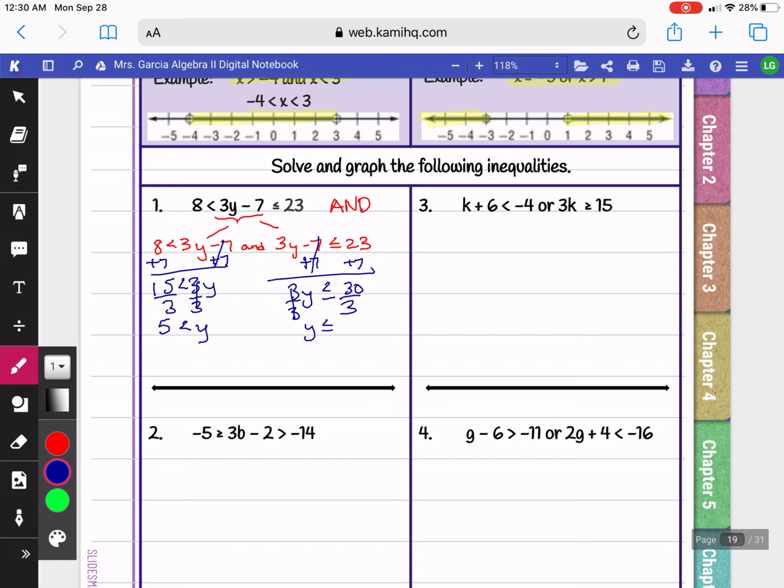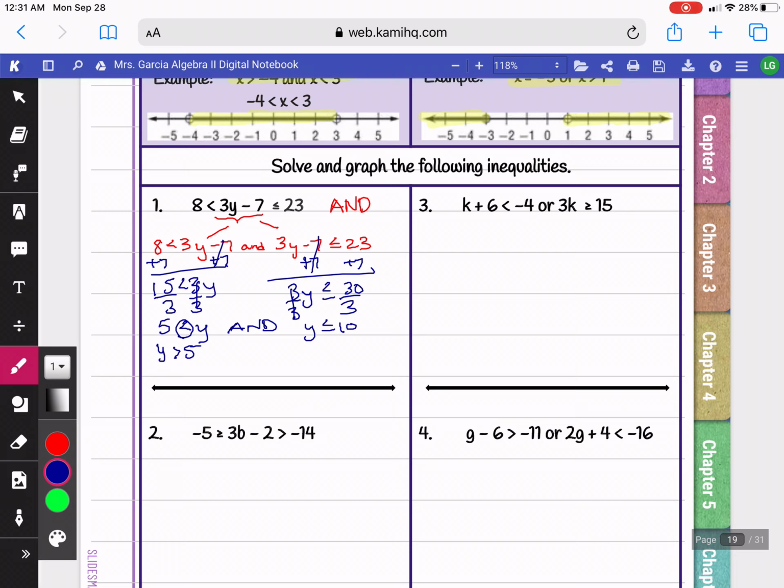And here I got y is less than or equal to 10. Since this is an and inequality, we're going to actually graph them separate from the line because you want to see where they would both overlap or intersect. Remember your format. So this first one, I'm going to fix the format. So it switches to y is greater than 5.